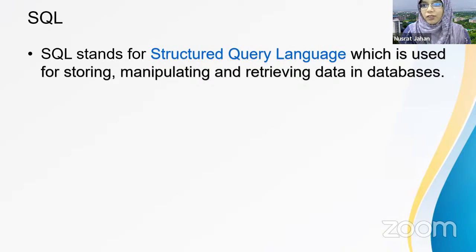SQL stands for structured query language, which is used for storing, manipulating, and retrieving data in the database. So what is a database? A database is a storage where you can store data in different ways. Related data is stored in the database.